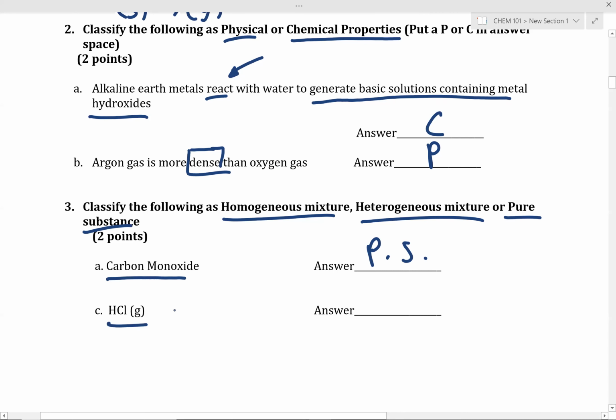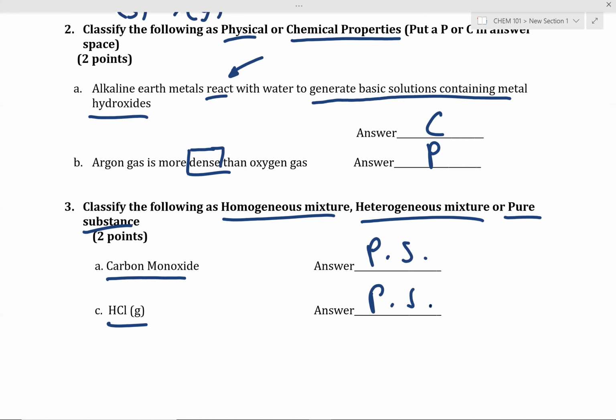Likewise, looking at HCl gas, hydrogen chloride. Is there anything else mixed in with this hydrogen chloride? No. So is it a pure compound? Is it a pure substance? Yes. Okay, perfect. Any questions on these?